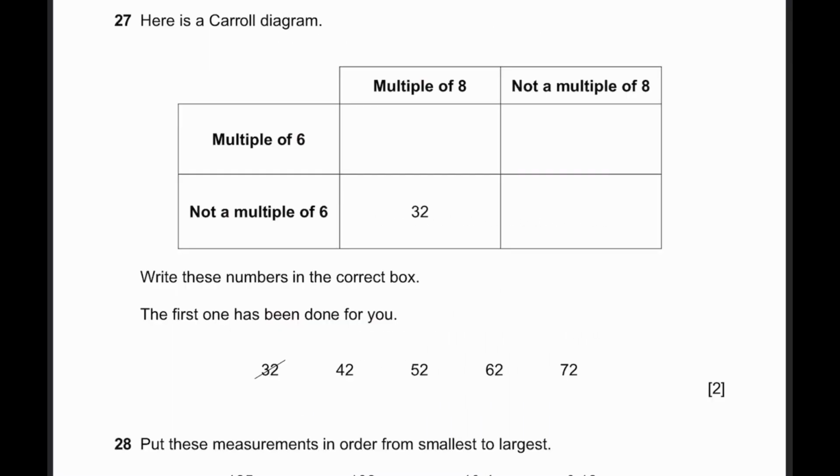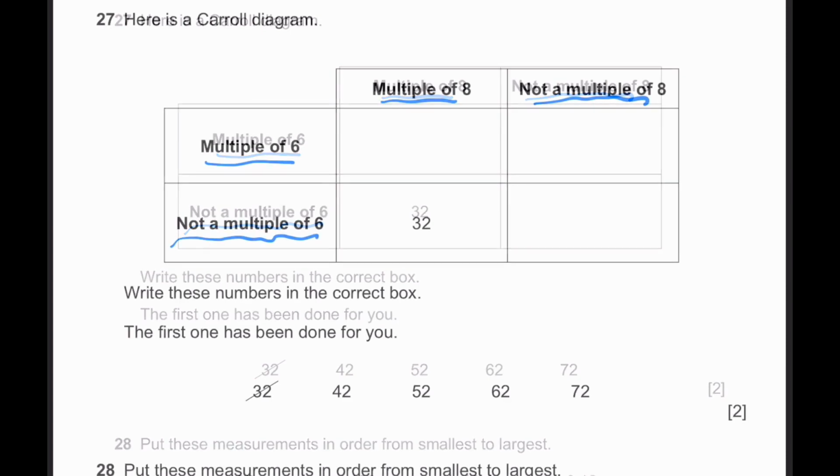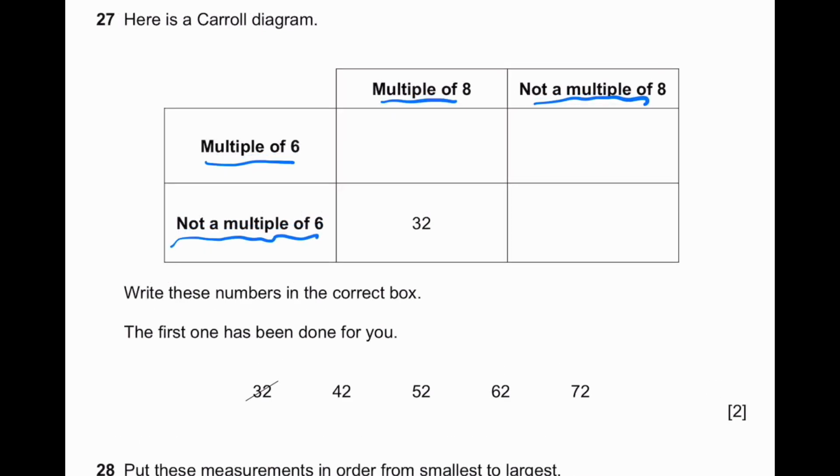Question 27. Here is a Carroll diagram. Write these numbers in the correct box. The first one has been done for you. So they've given multiple of 8, not multiple of 8, multiple of 6, not multiple of 6. Let's take the first number, 42. 42 is not a multiple of 8, but it is a multiple of 6.